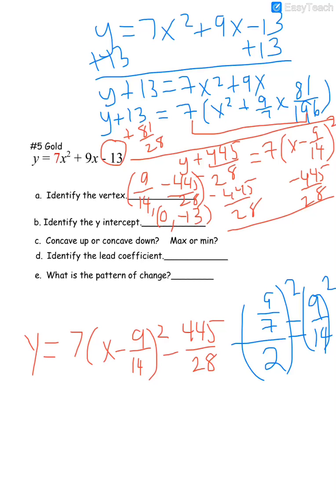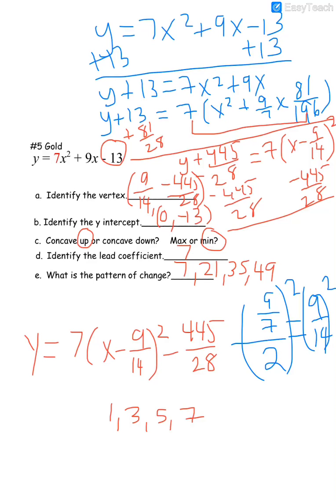Concave up or concave down? The lead coefficient's positive, so it's up. Max or min? Lead coefficient is 7. What is the pattern of change? Normally the pattern of change is 1, 3, 5, 7. If I times it by 7, I'm going to get 7, 21, 35, 49.